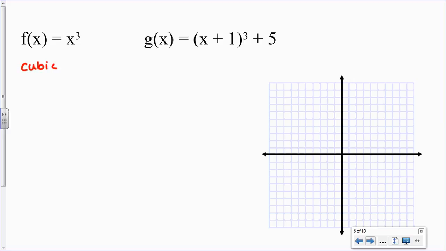So its inflection point starts at 0, 0 for the parent function. Okay, order of operations. So first thing that's happening to x is the plus 1 on the inside. So that means I shift left 1.